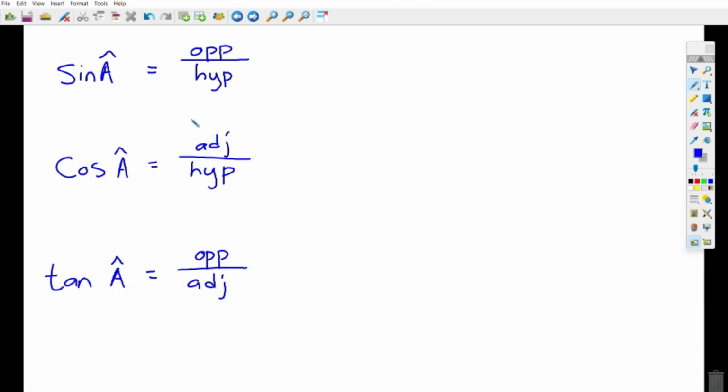And all of these had reciprocals. What is the reciprocal of sine of A? Cosec of A. And if it's the reciprocal of sine, we can say it's hypotenuse over opposite. And what is the reciprocal of cos? Sec. Very good. You guys are smart, eh?